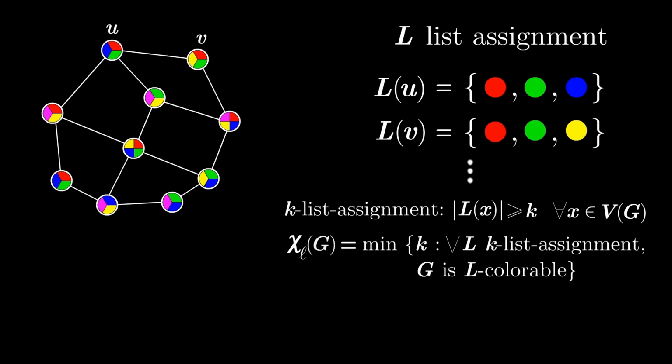Or, in other words, it is the minimum length of the lists so that if each vertex has a list of that length, then there must exist a proper list coloring, no matter which particular list assignment is chosen. We can see that the list chromatic number has to be at least the usual chromatic number, since assigning the same colors to each list is a possibility.